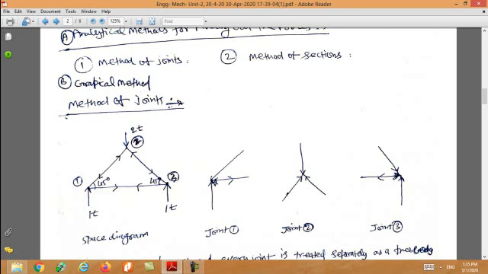When this force pulls on these joints, then we can say it is tensile. When this force pushes on the joints, then we can say the nature is compressive. Okay, so here you are seeing joint 3, and in the same way it is joint 3.